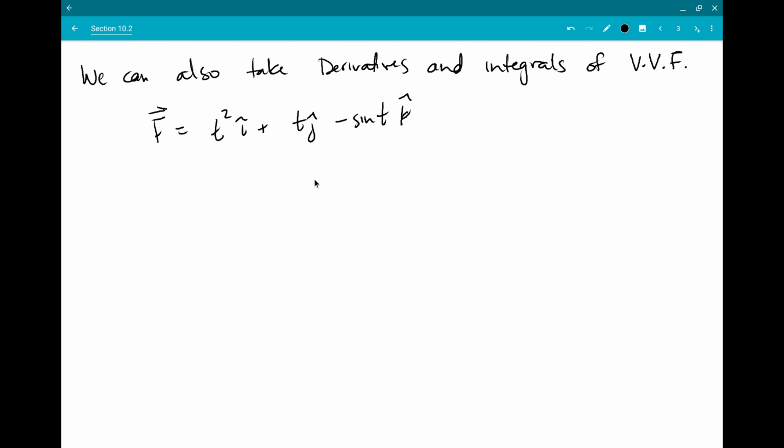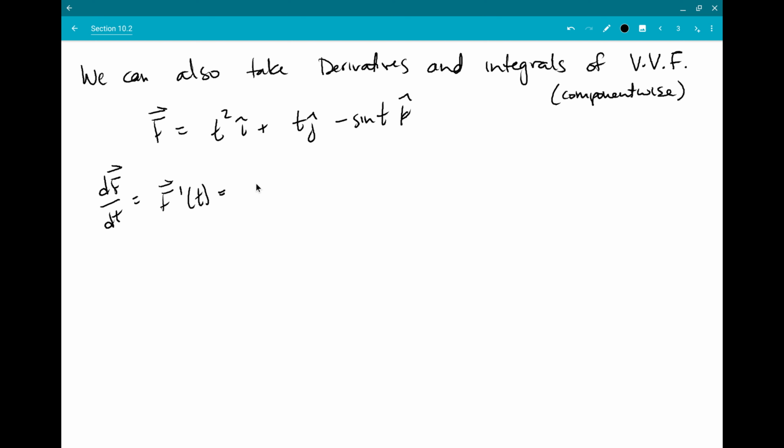And our derivatives and integrals are just going to happen component-wise. So if we want to compute df dt or f prime of t, however you prefer to write that, that's just going to be looking at the derivative in every component separately.